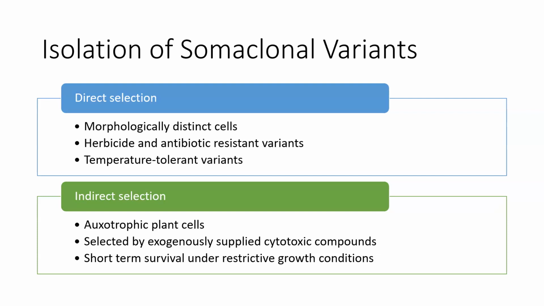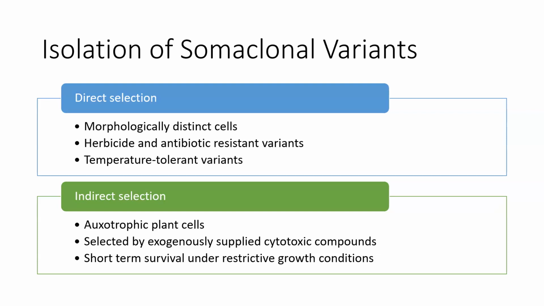Those somaclonal variants that cannot be detected visually or selected directly are isolated by indirect means, such as for the auxotrophic plant cells or cells that are unable to synthesize a particular organic compound required for its growth.